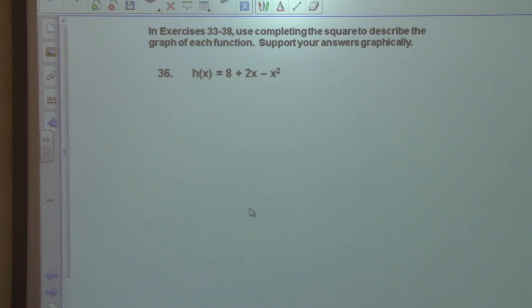Okay, let's go over these here. This one. What I'd recommend doing that we talked about yesterday was doing a standard form rewrite, which is like this. Are we okay on this so far?